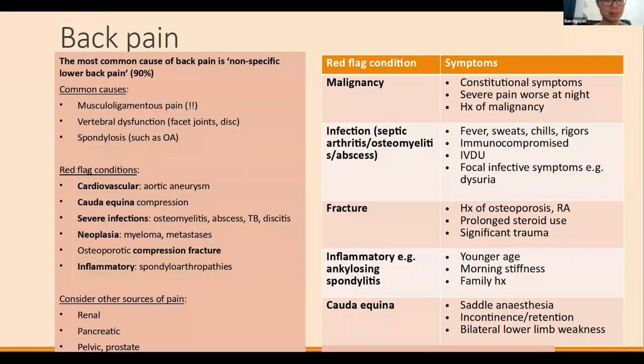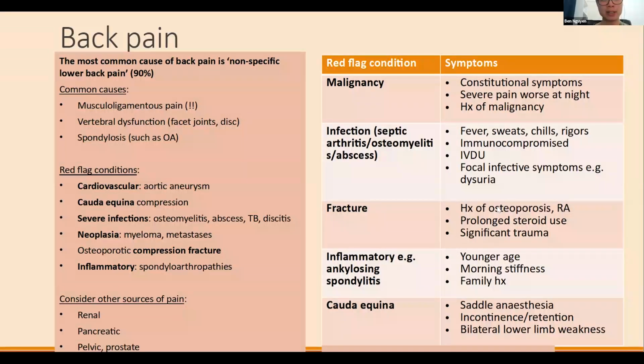There's a lot of information here, but essentially, one of the main causes of back pain is musculoskeletal, right? It's what we call non-specific lower back pain, and that accounts for about 90% of back pain. And in those cases, you don't want to do any investigations. You only want to investigate if you've got basically one of these red flag symptoms here.